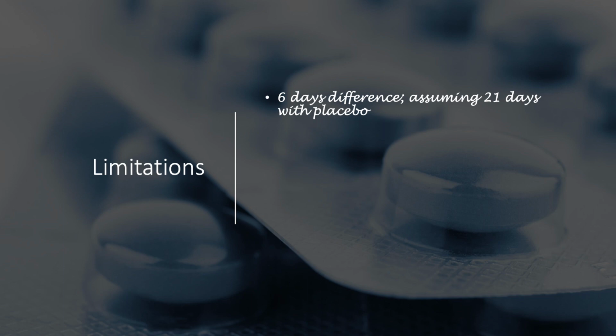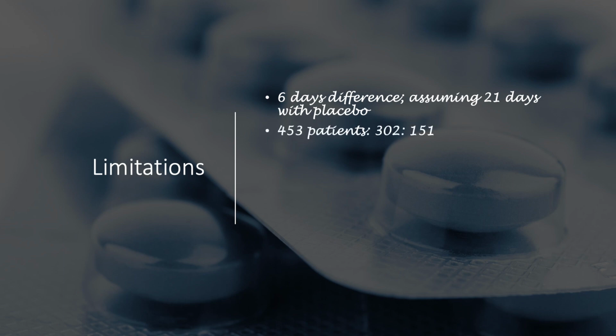The study was actually powered in such a way so that they could detect a difference of 6 days between the two groups, to detect a change in clinical improvement of 6 days, assuming the time for clinical improvement with placebo would be 21 days.